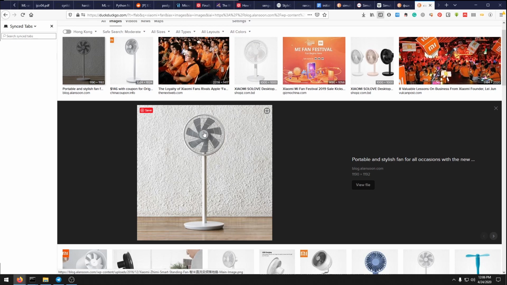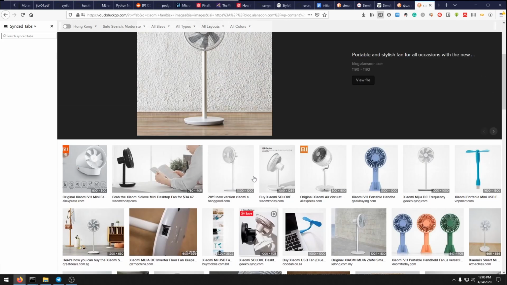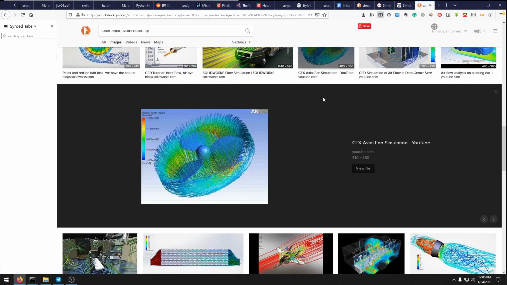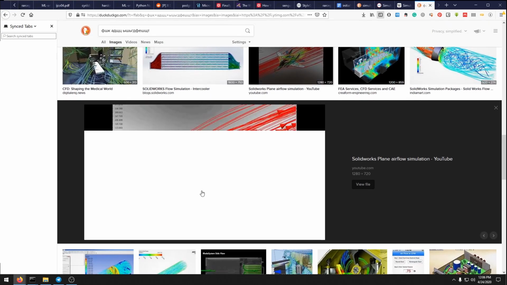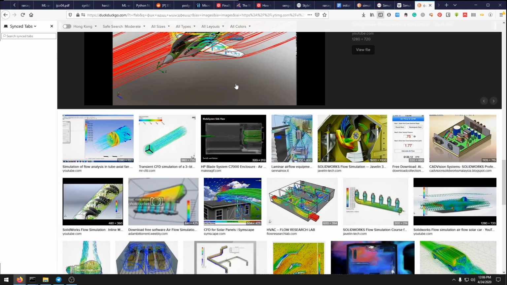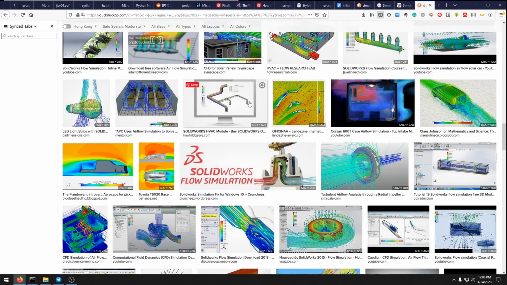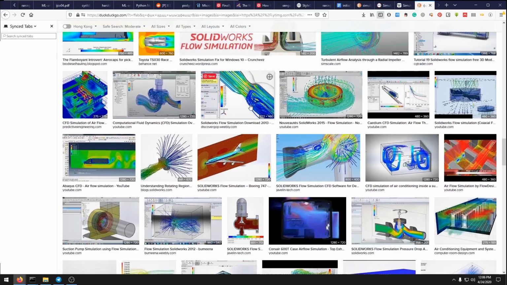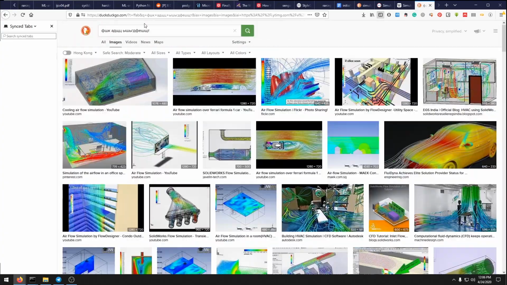Because of how they design these wings here, right? So all this can be done in simulation, airplane simulation: how to reduce resistance to air, how to make it stable in the air, how to make it float.